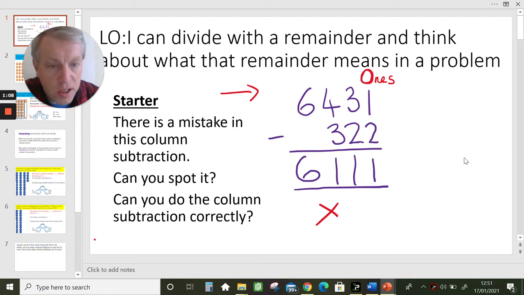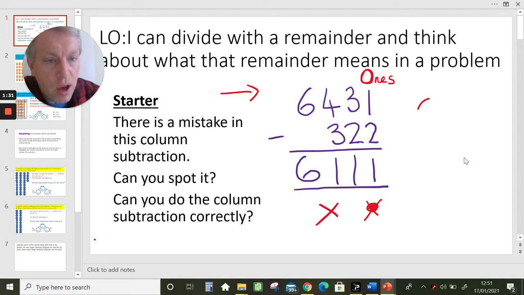If I've got 1 ball and I've got to take away 2 balls, I can't do it. I haven't got enough. So that's the bit that's wrong. That's actually the bit that's gone wrong.